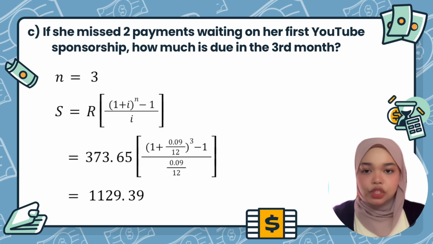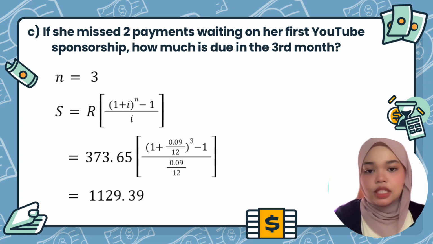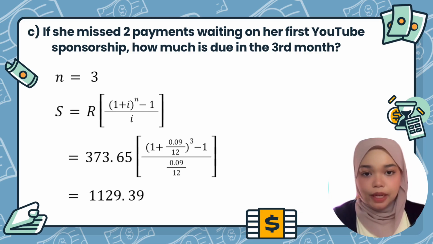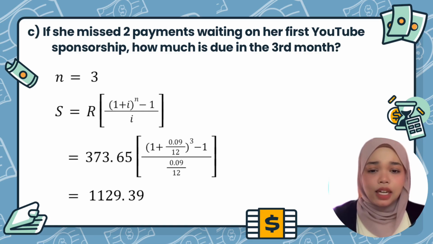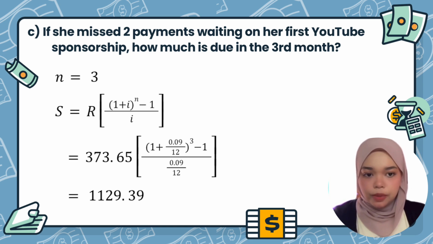We plug in 373.65 as her monthly payment, and the interest is 0.09 divided by 12, equal to 0.0075, which is her monthly rate. She missed 3 payments, so N is equal to 3. After calculating, the total she has to pay in month 3 is 1129.39 ringgit Malaysia. That's more than just 3 payments because of the added interest.